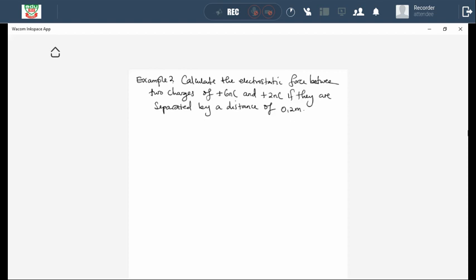I need my given data. We need to write the given values. Remember, we have our electrostatic constant, which is 9,0 times 10 to the power 9. Then we have charge 1, which is equal to 6 nanocoulomb. Go back to the table. How do we convert nanocoulomb?